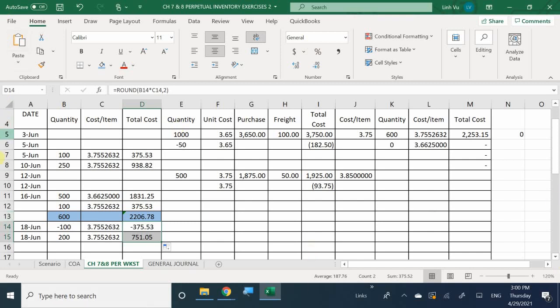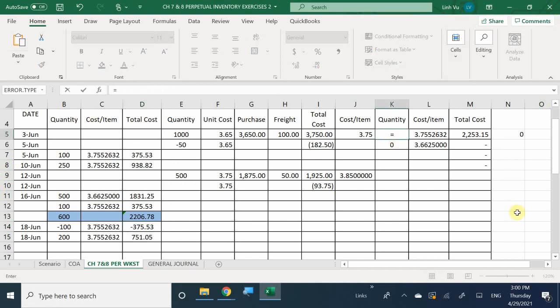But since we're already here, let's update our inventory. So if I start out with 600 items, how much should I have left? I thought we were at 500 items. We added it back. Did you not add it back in there?